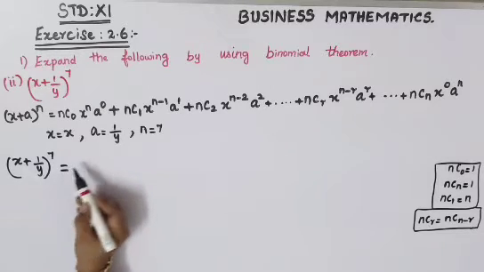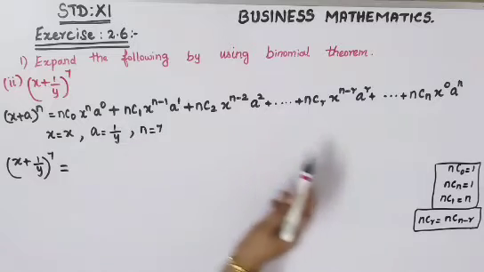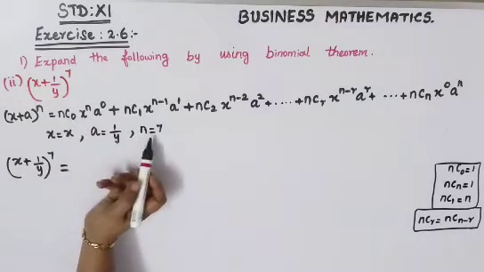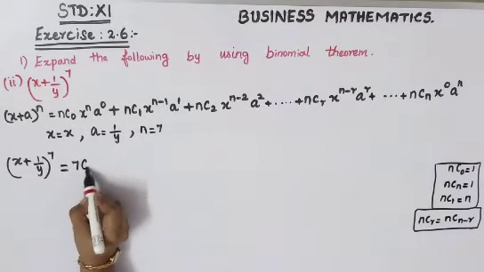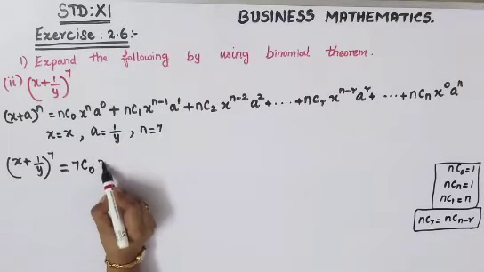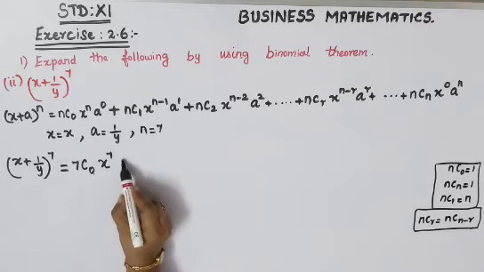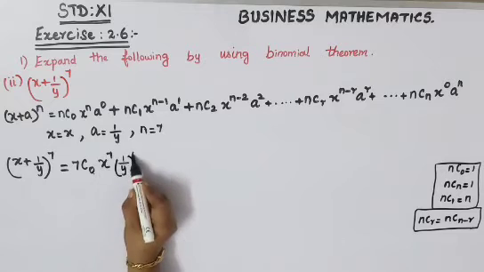So that is equal to, your left hand side of your question will be replaced. Now you will have to substitute it here. In the place of n you will get 7C0. In the place of x we have got x only, so x power n is 7. In the place of a we have got 1 by y, so 1 by y whole power 0.